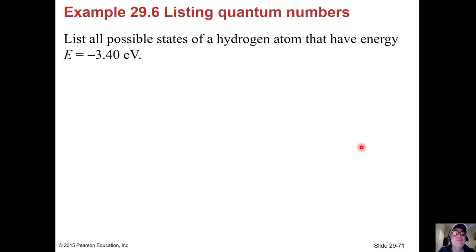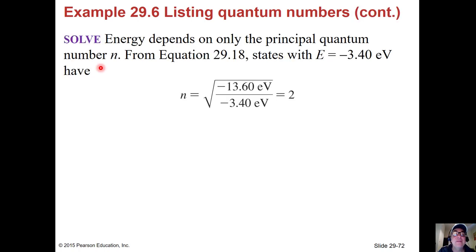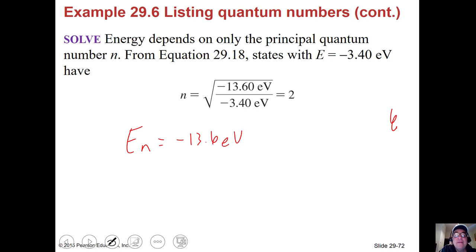Let's look at this example. List all the possible states of a hydrogen atom that have energy of negative 3.4 eV. Okay, so first thing we need to do is figure out the principal quantum number. And looking back at the energy formula, we can do that. Let me show you where this formula is actually coming from. Energy is minus 13.6 eV divided by n squared.